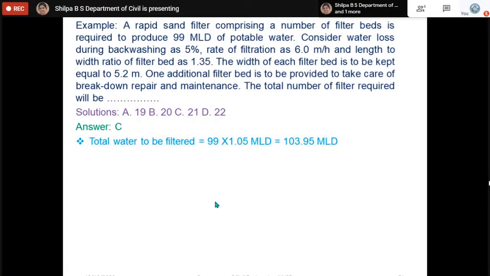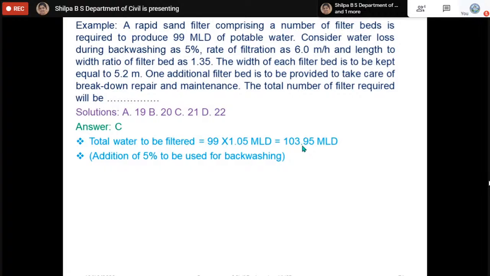First we need to calculate the total water to be filtered. We know 99 MLD, and since we also need to consider the 5% loss, the total water is 103.95 MLD.